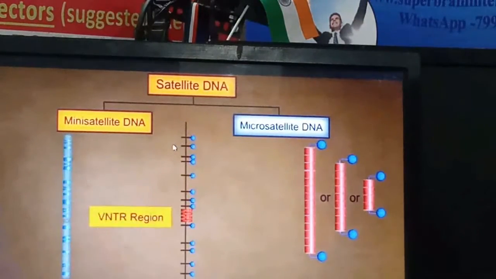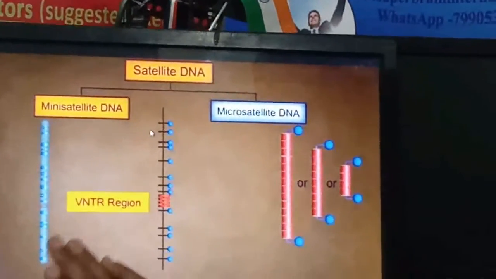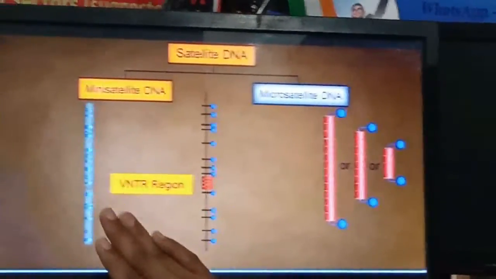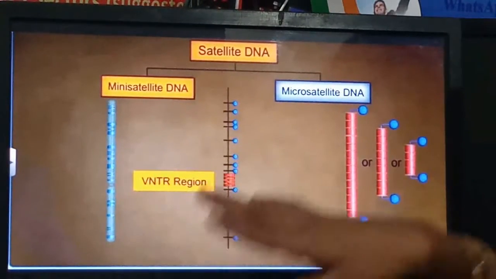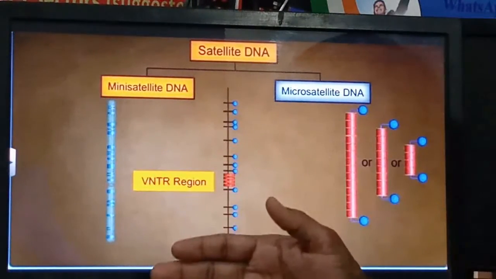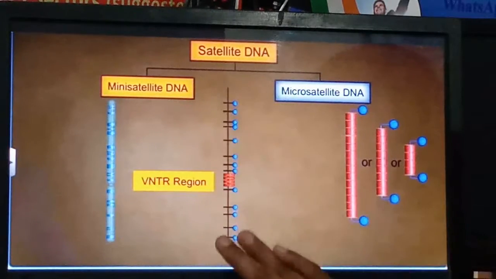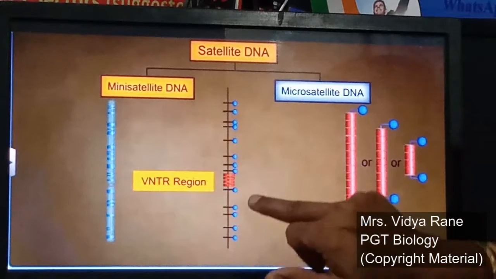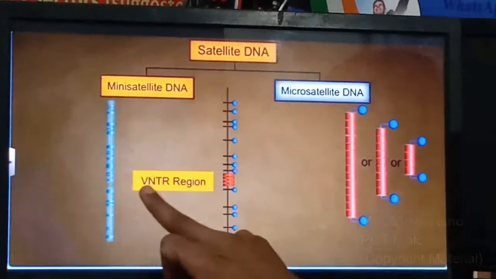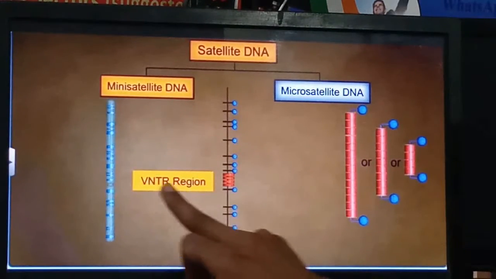Now in a minisatellite DNA, you know that a base sequence of 1 to 8 nucleotides is there which is repeated so many times, right? So this is the structure you can see on the chromosome, and this is what a VNTR region is.